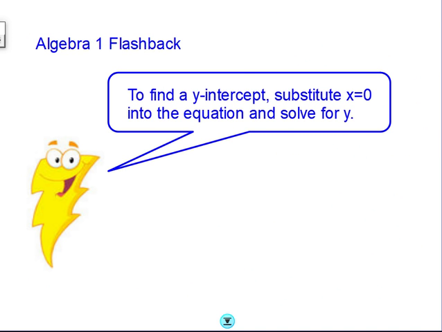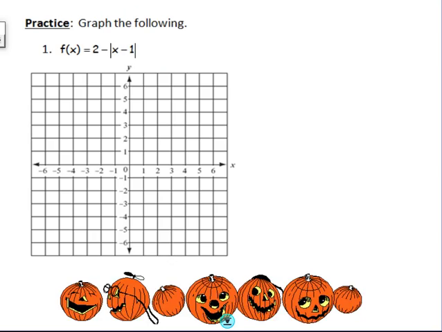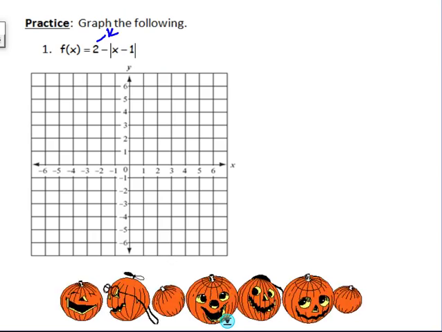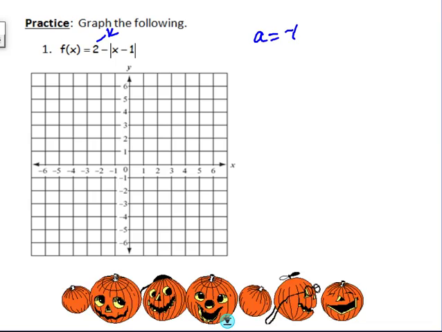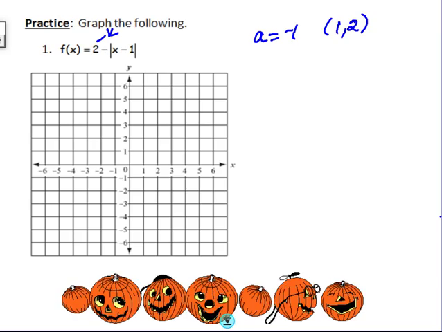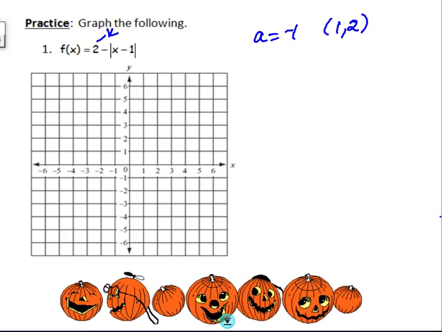Look at another example. This time the k's out front. So don't let it fool you when they put the k in front. Sometimes when a is negative, they do that. So here my a is -1, so my graph's going to be flipped, and my vertex is (1, 2). Always graph your vertex first, (1, 2).